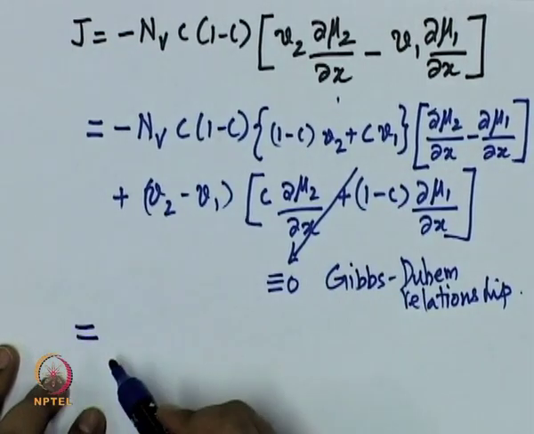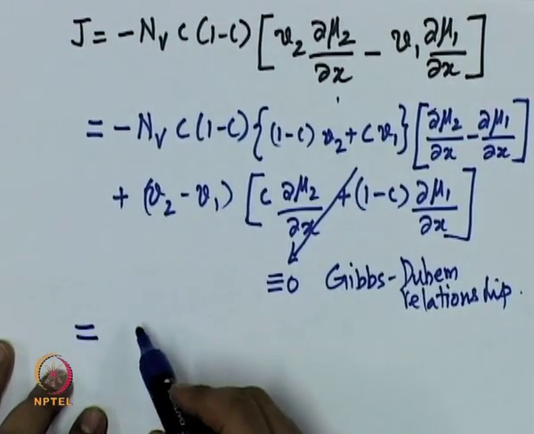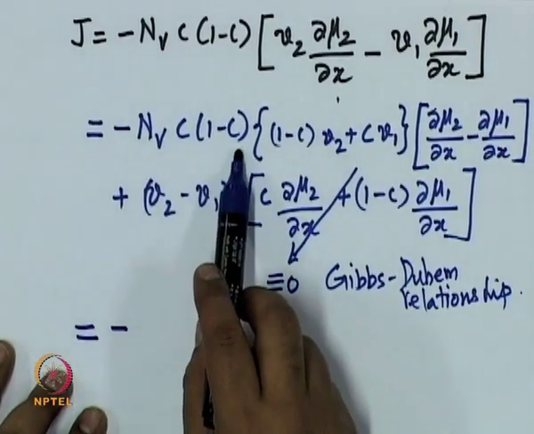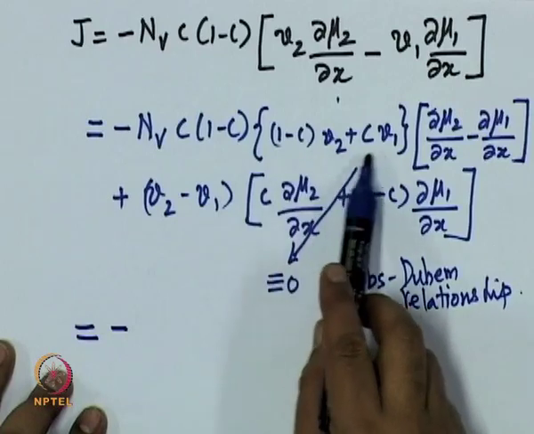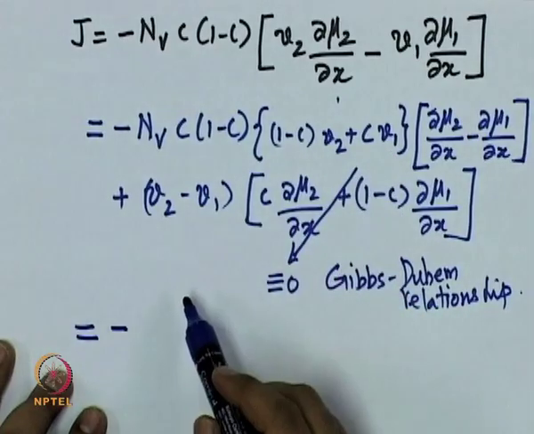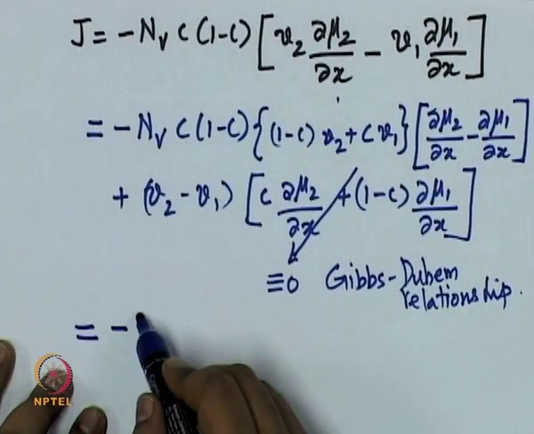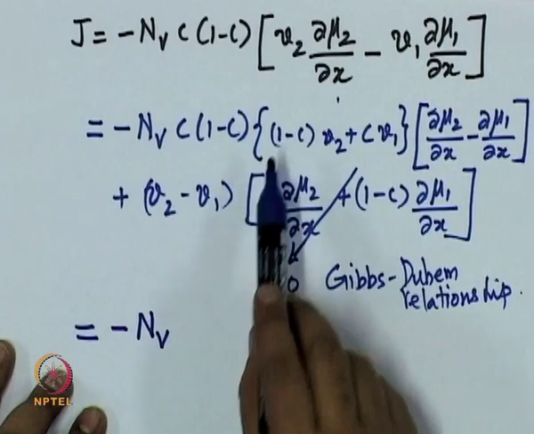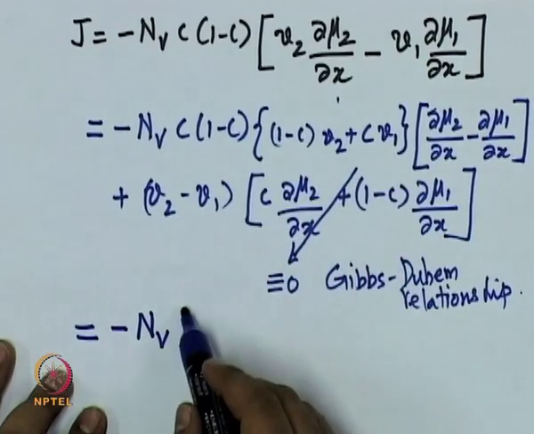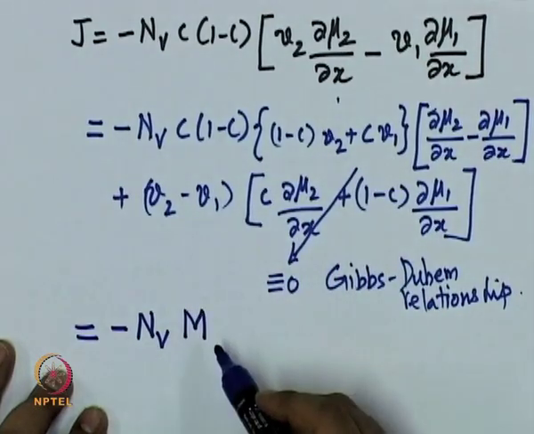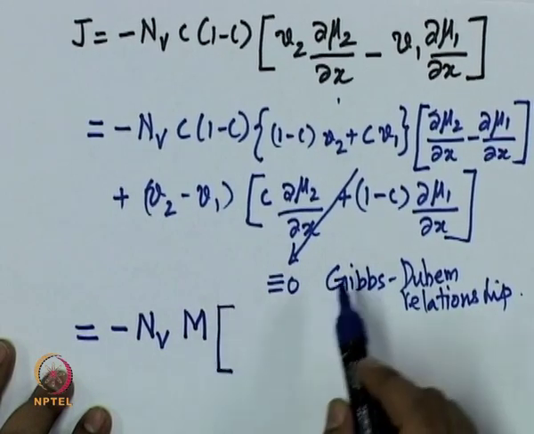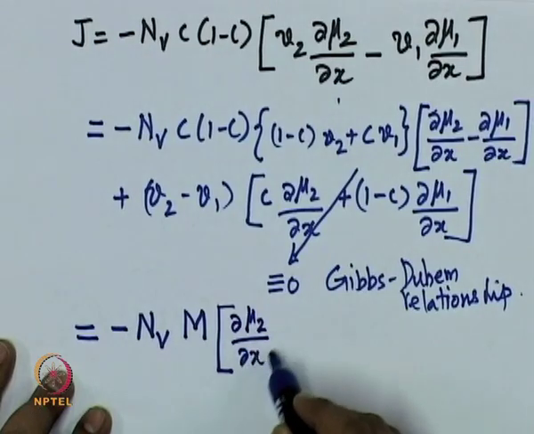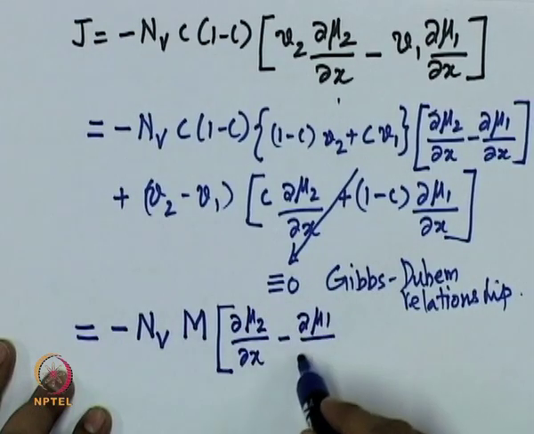So, let me write that expression. I am going to make a simple modification. I am going to say that N V times C times (1 minus C) times [(1 minus C) V2 plus C V1], so let me keep the N V, and let me call C (1 minus C) [(1 minus C) V2 plus C V1] the mobility, and this quantity ∂μ2/∂x minus ∂μ1/∂x.